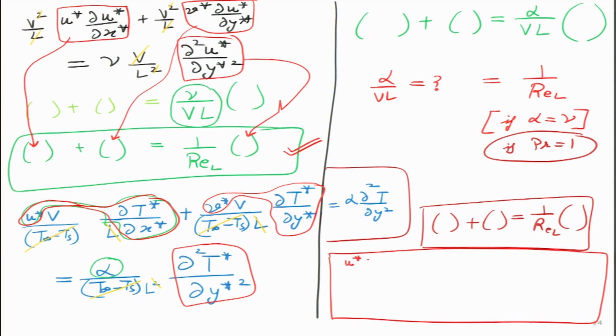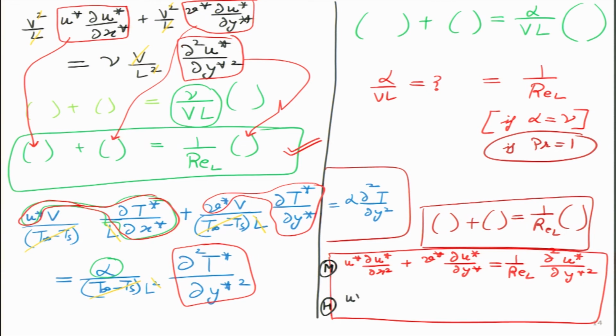So, this is the momentum equation. V star del u star del y star equals 1 by REL del square u star divided by del y star square. So, this is for momentum. I will write m over here, and this is for heat, capital H. So, here I am going to write this equation.